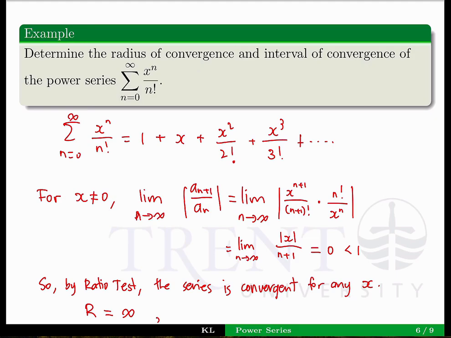And of course, the interval of convergence is from negative infinity to plus infinity, or you can write the symbol for the set of real numbers.